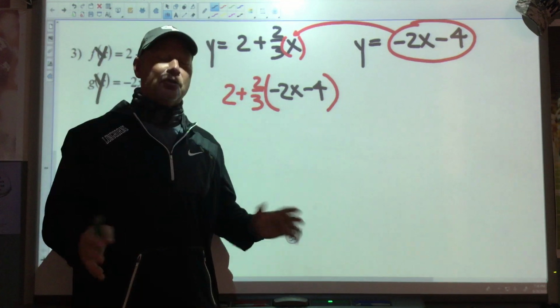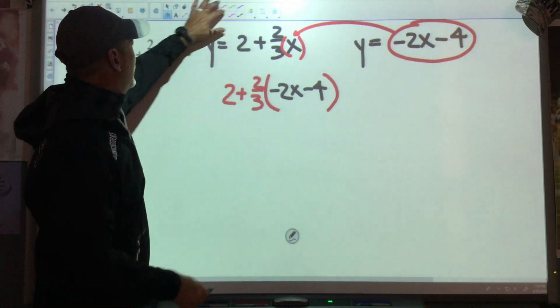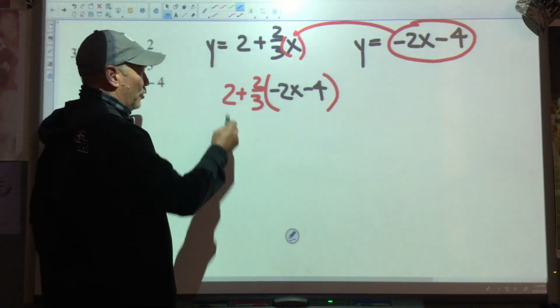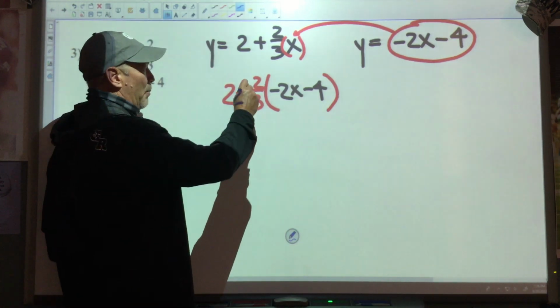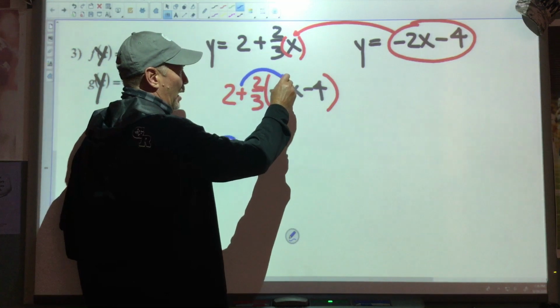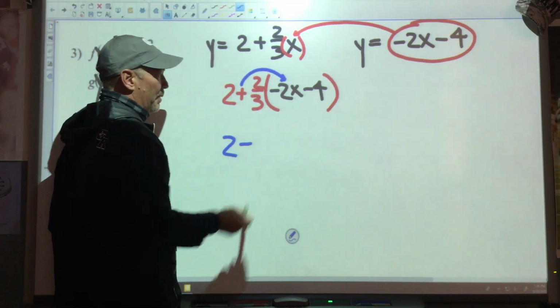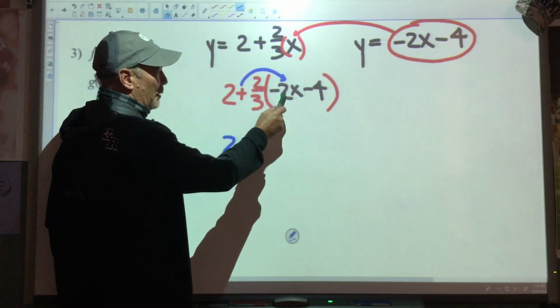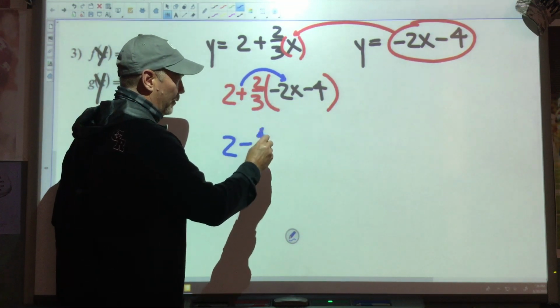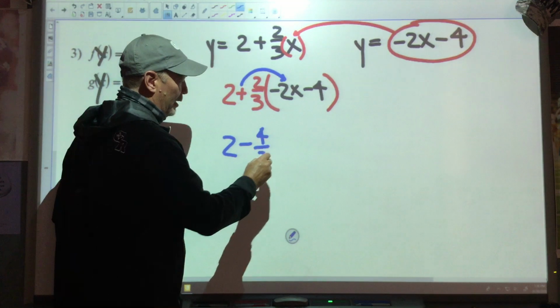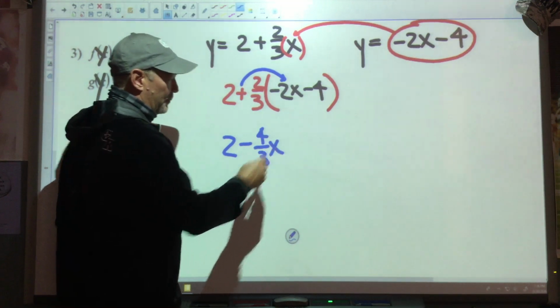I know it's fractions, but you can still do this. I'm going to have 2. But when I multiply, look what happens. A positive times a negative is a negative. 2 times 2 is 4 over 3, and here's an x.